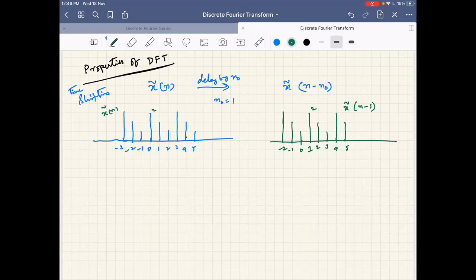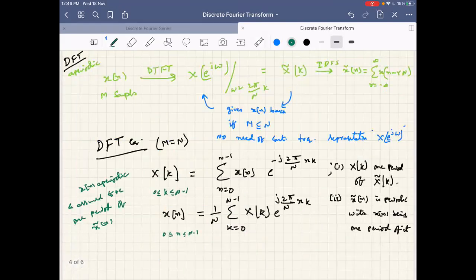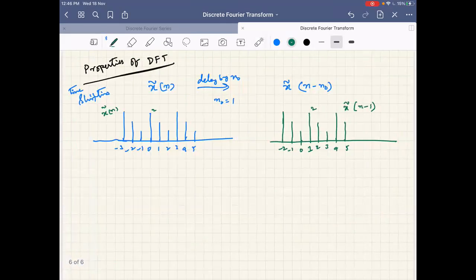Now, as we have defined discrete Fourier transform just based on n samples, without bringing in the periodic aspects, we also would like to see what happens in one period here. So if you see one period here, this is one period.